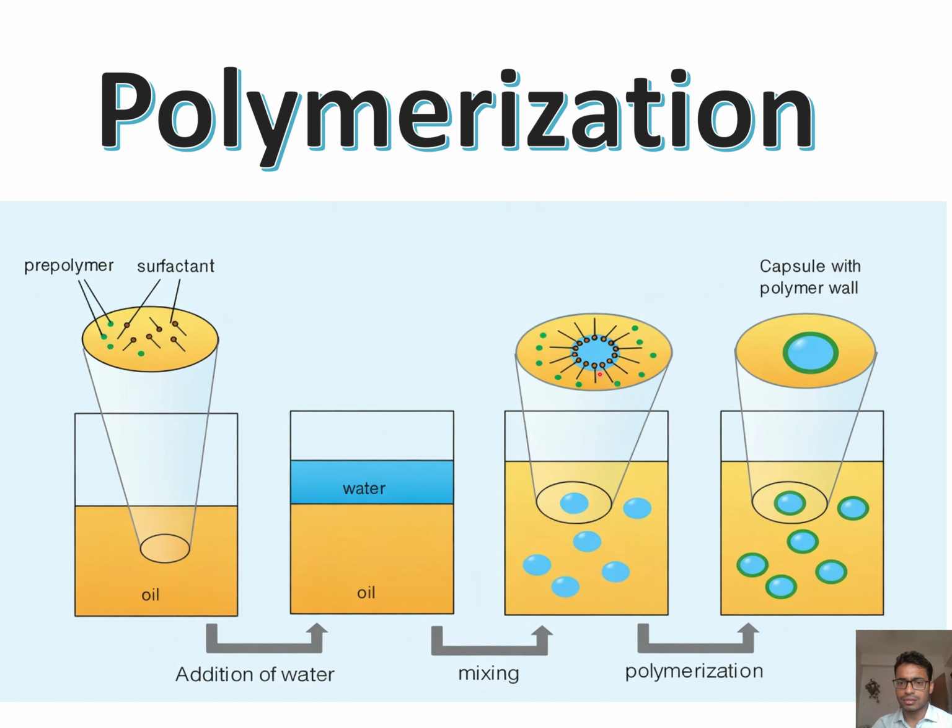You can see here, they are separated now: the water droplet and the green polymer are separated, and the surfactant will attach them. So both of them have been attached, and the ultimate microcapsule would be like that. That is encapsulated. There is no encapsulation here, but here is encapsulation.